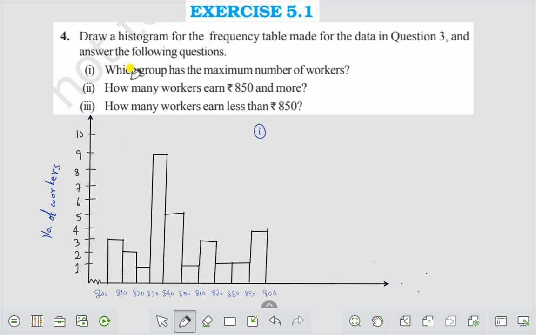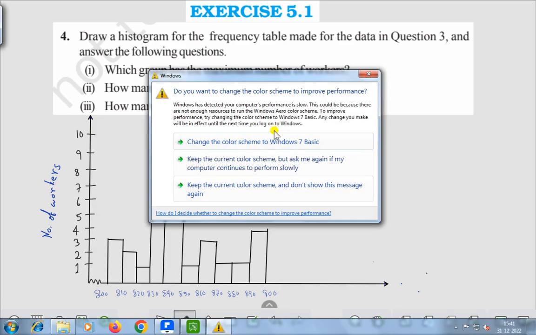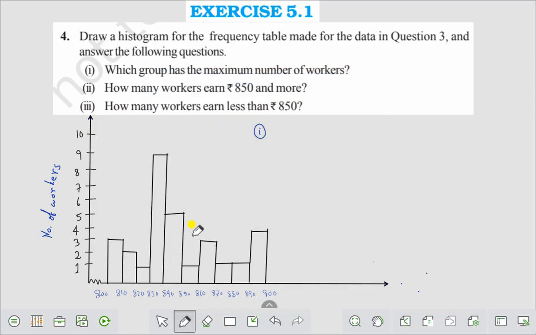Now the question, which group has the maximum number of workers? There is 830 to 840. 830 to 840 is the group which has the maximum number of workers. The answer is 830 to 840.